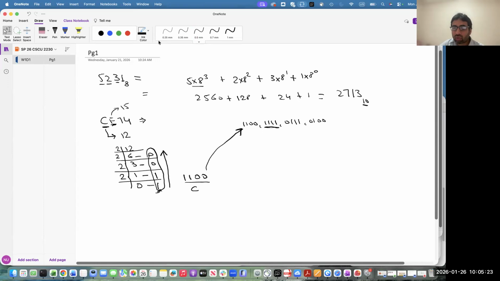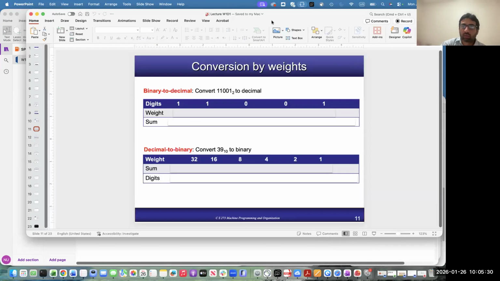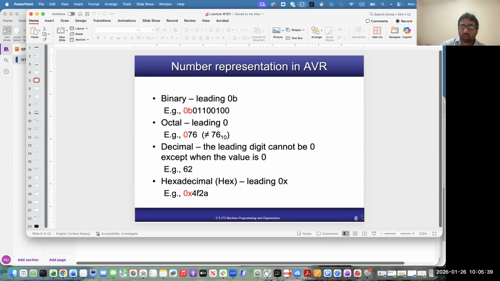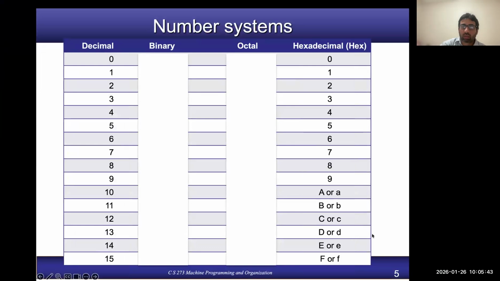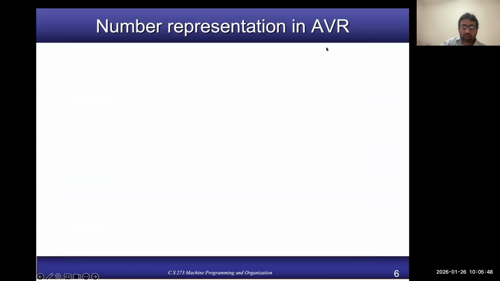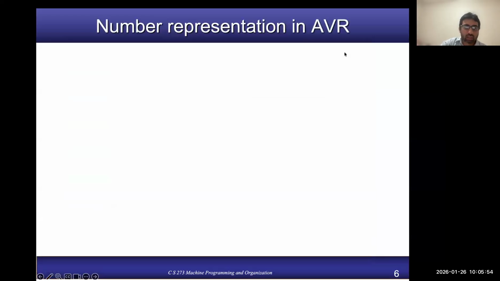Where did the 12 come from? Sorry. Okay. Yeah. Okay. Let me show you. Here. This is the hexadecimal system, right? Why can't I select the pointer?